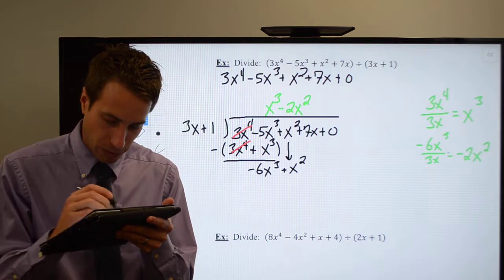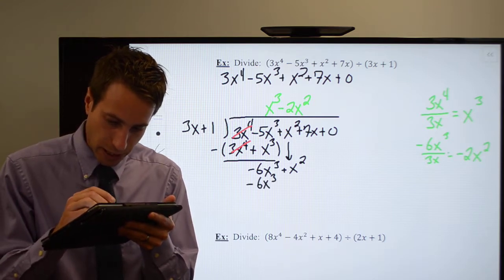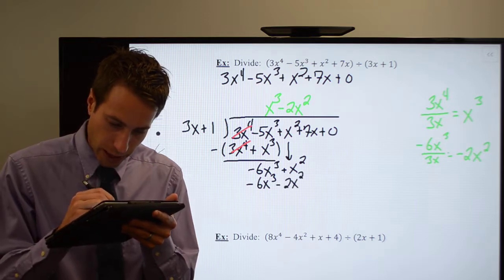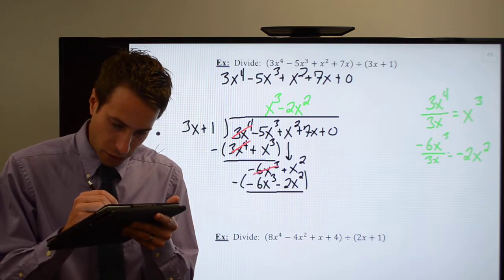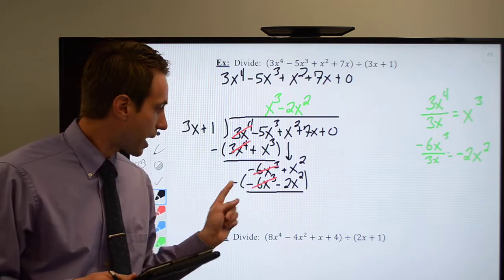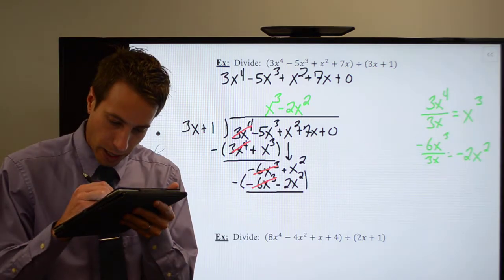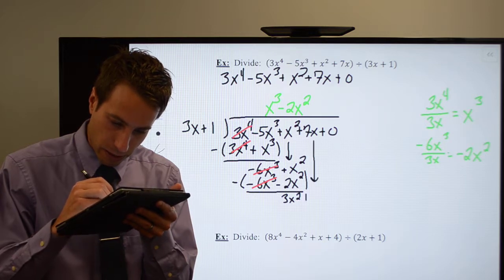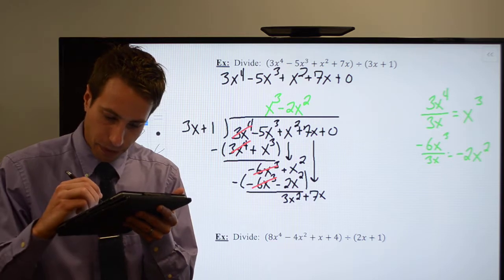And now we multiply, which should give me negative 6x cubed, and then that's going to be a negative 2x squared. Do the subtraction. First terms drop out. Negative times a negative makes it a positive, and so I wind up with 3x squared. Bring down. And we do it again.